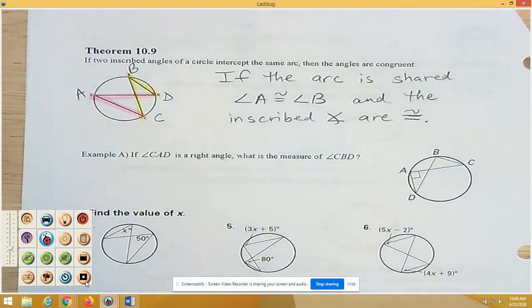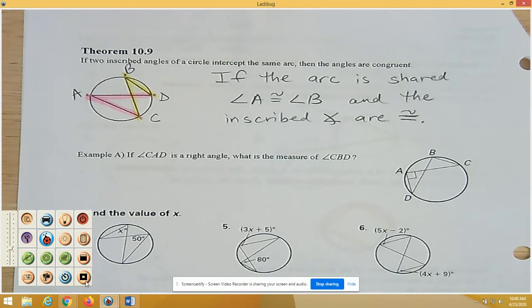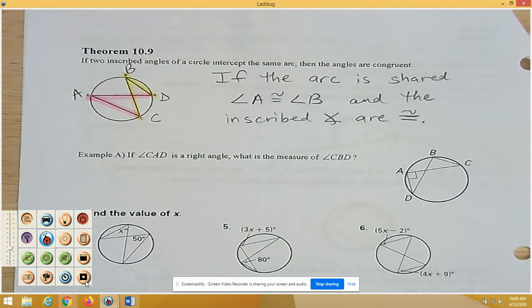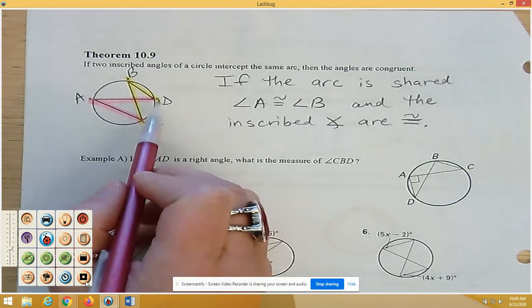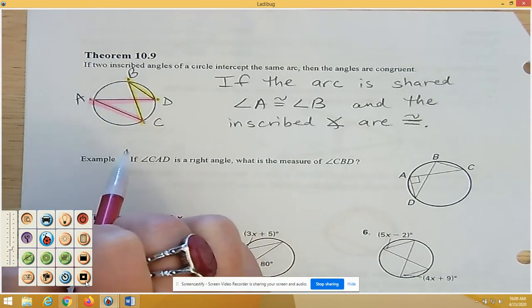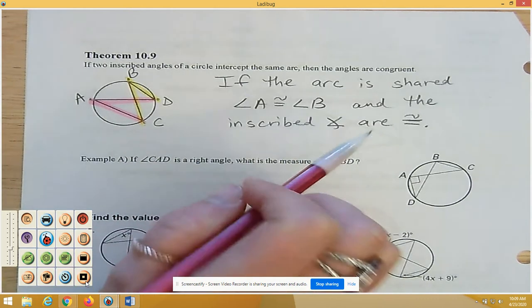I wouldn't say that that's the biggest deal in the world, but it's just something that they talk about. So if the arc is shared, such as arc DC, angle A is going to be congruent to angle B because the inscribed angles are going to be congruent.